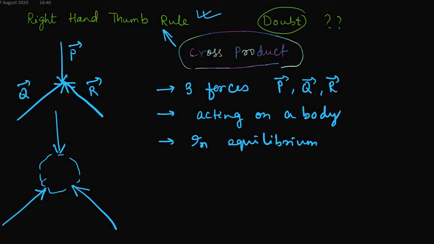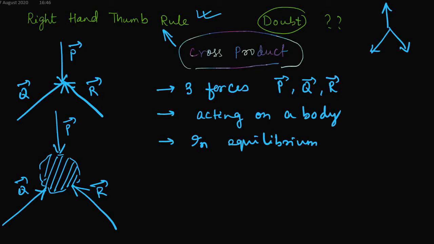Right hand thumb rule was like this, A, B, so the resultant is perpendicular to the plane containing the two vectors, right? But here I am telling there are three vectors P, Q and R. They are acting on a body and they are keeping it in equilibrium. That means the body is fully at rest, no motion is detected and it is all stable.